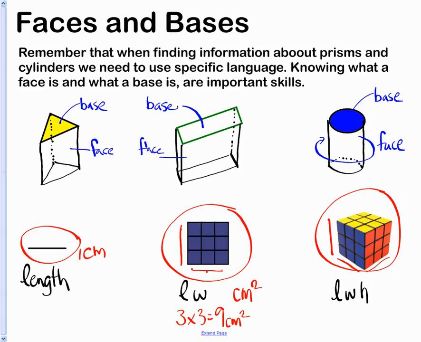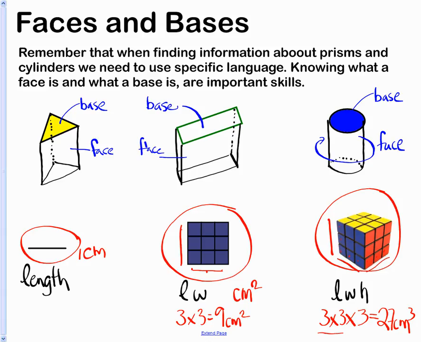So in this cube, we have 1, 2, 3 times 1, 2, 3 times 1, 2, 3. That would give us our volume. 3 times 3 is 9. 9 times 3 is 27. So we would now have 27 centimeters cubed.